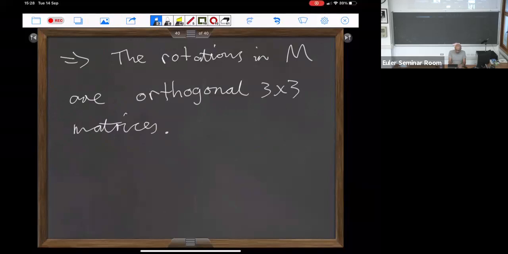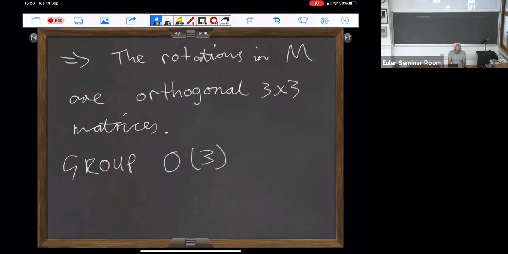Even though I haven't defined a group yet, but we will tomorrow, this forms an actual group called O(3), the orthogonal group in 3 dimensions. Physically, what these things are simply just rotations in space, the usual spatial rotations that you will have seen in quantum mechanics courses and other courses previously.